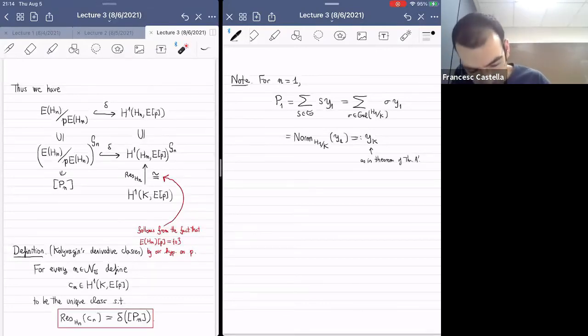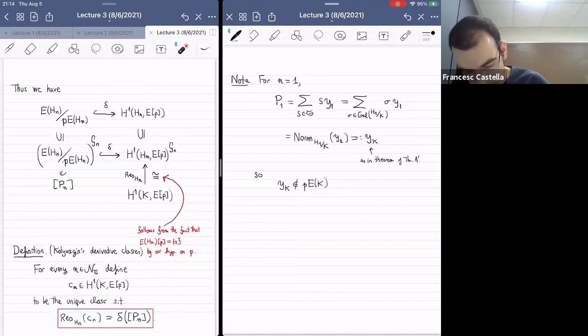So in particular, what we're saying is that this condition here is nothing but taking the Kummer class. So the class C sub 1 is the same as the Kummer map of y sub K modulo p.